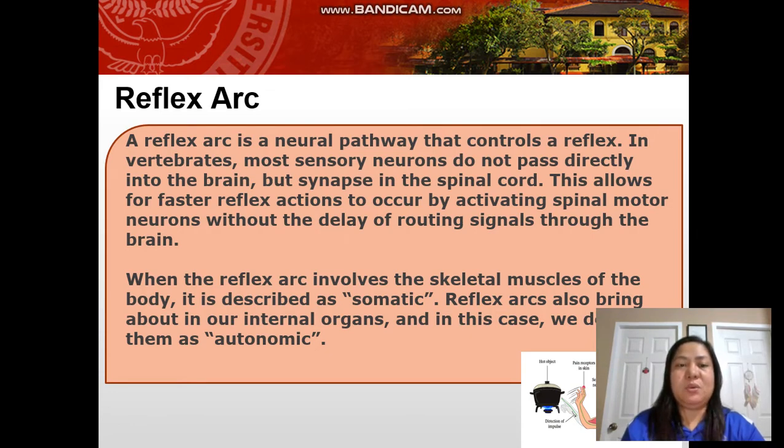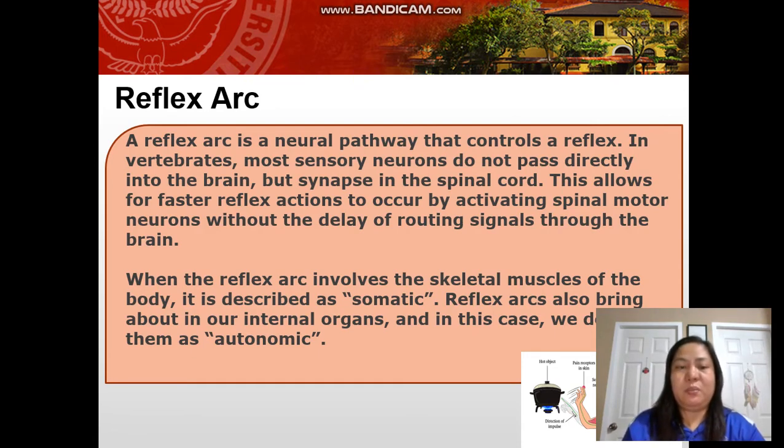In vertebrates, most sensory neurons do not pass directly into the brain, but synapse in the spinal cord. This allows for faster reflex actions to occur by activating spinal motor neurons without the delay of signals through the brain. When the reflex act involves the skeletal muscles of the body, it is described as somatic.